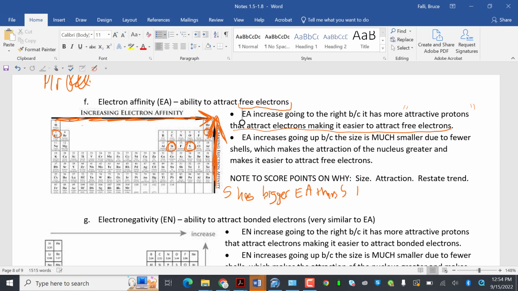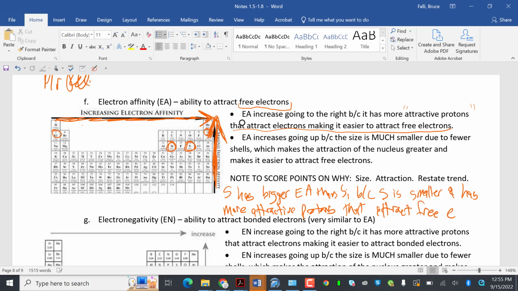That's a sideways trend, because sulfur is smaller and has more attractive protons that attract free electrons.